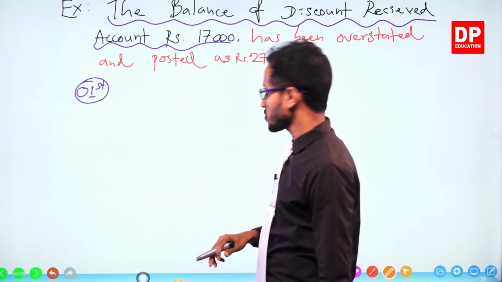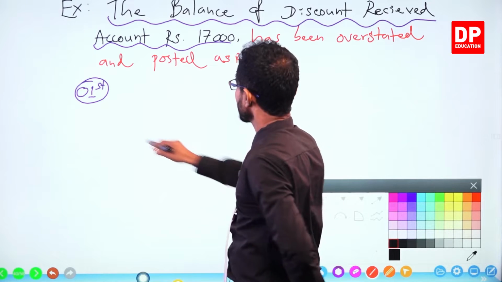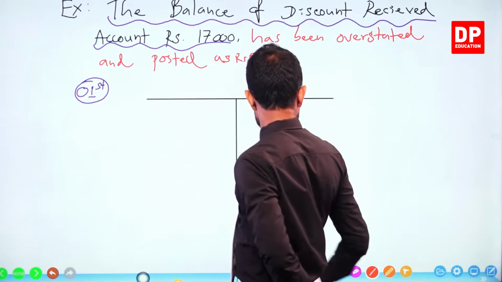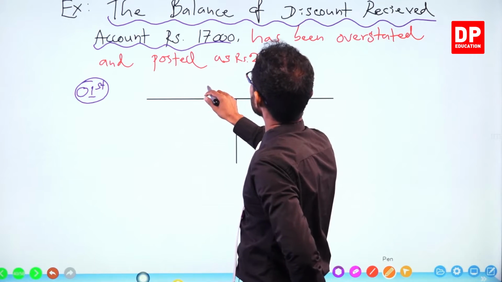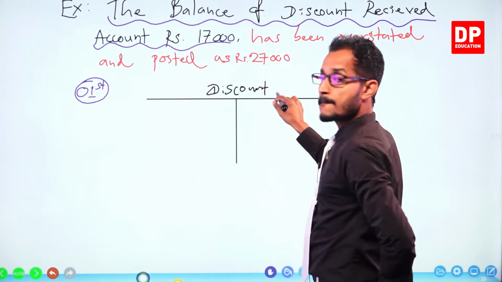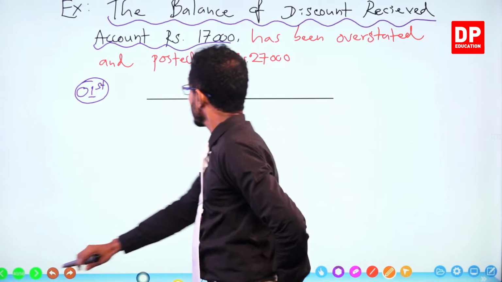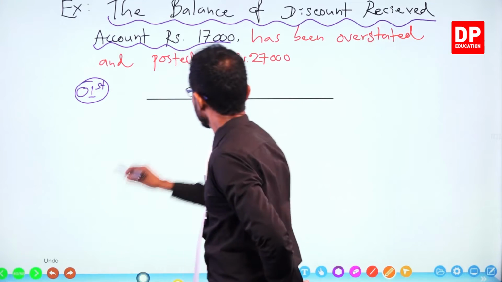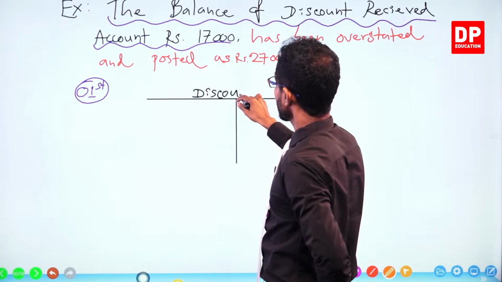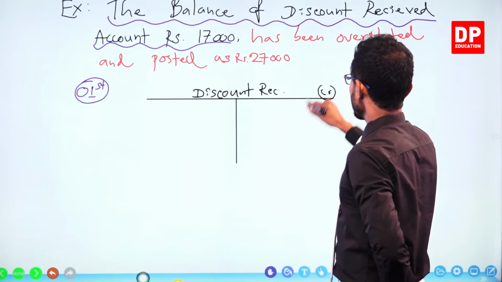Discount received account is usually having a credit balance. If I draw the discount received account here, it should normally have a credit balance. Discount received account has a credit balance.